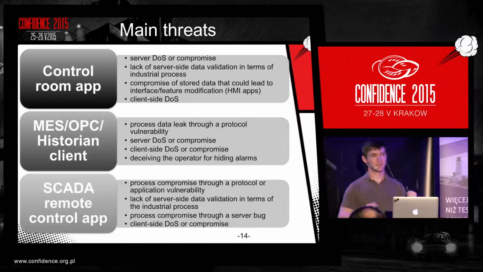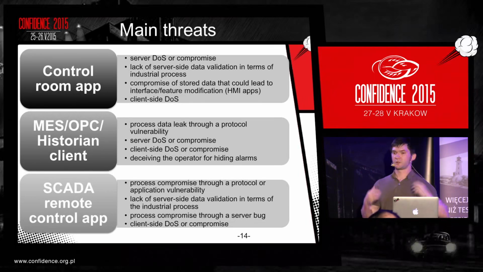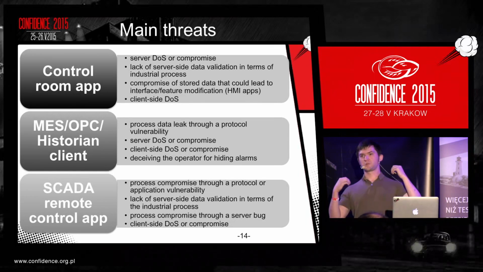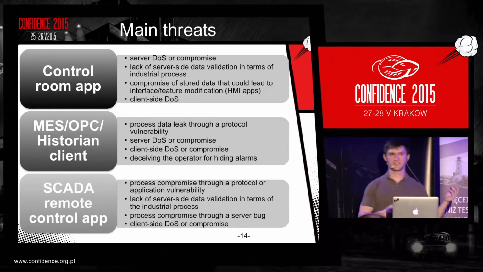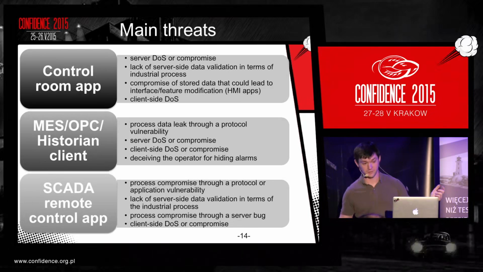But the attacker can intercept it or do some actions so that the operator receives a notification that he should increase the pressure instead of decreasing it. Or, as I said, he can receive nothing at all.